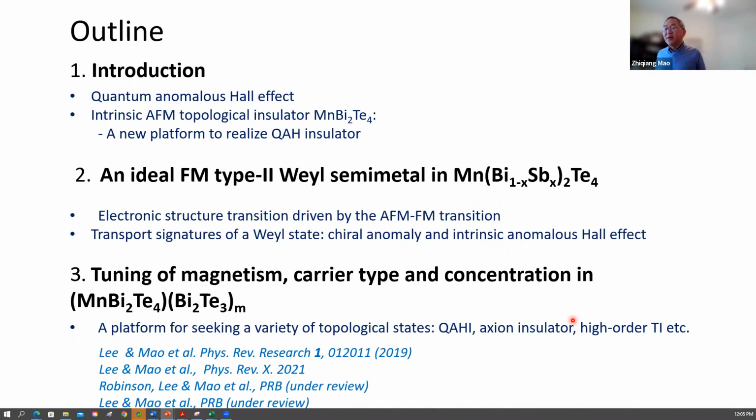One is the ideal ferromagnetic type II Weyl semimetal state, which we demonstrated in antimony doped MnBi2Te4. The other topic is the tuning of magnetism and carrier type and concentration in the heterostructure compound MnBi2Te4 integrated by Bi2Te3.